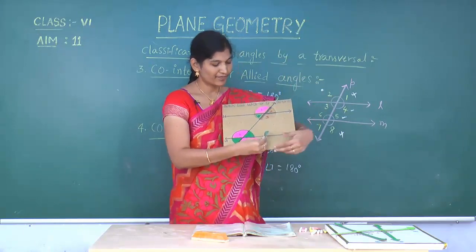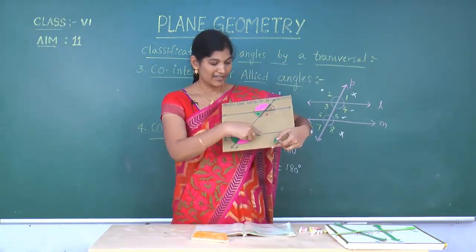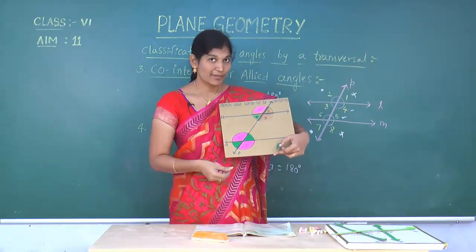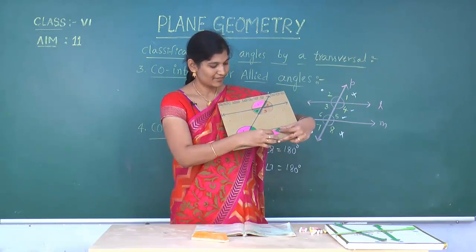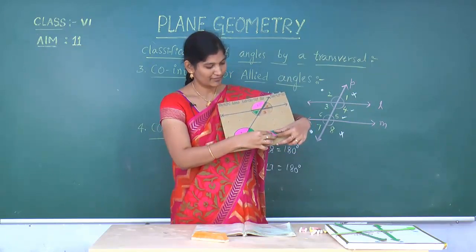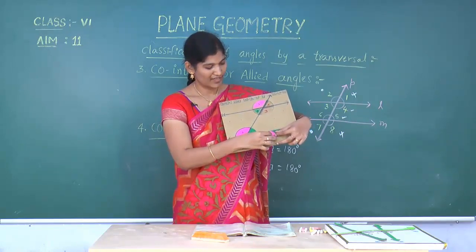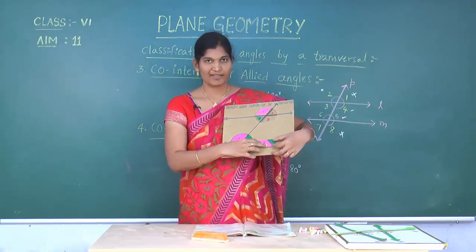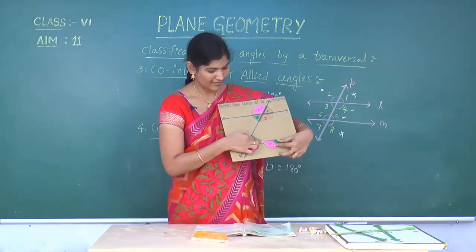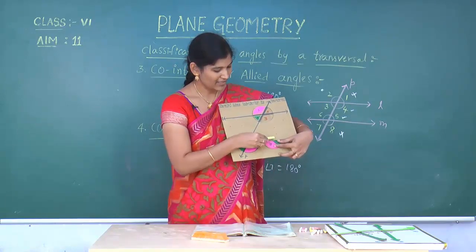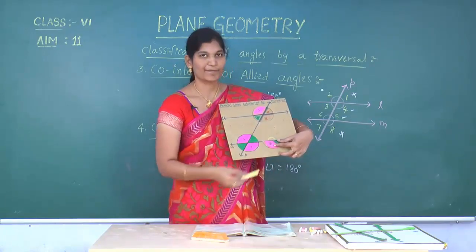Let me see, this is the line, whether they give 180 degrees or not. See, are they forming a line or not? Yes, they are forming a line. See, here the angle must be 180.